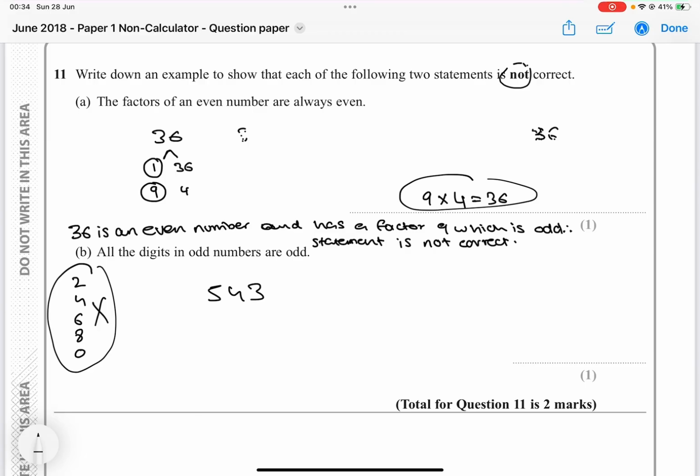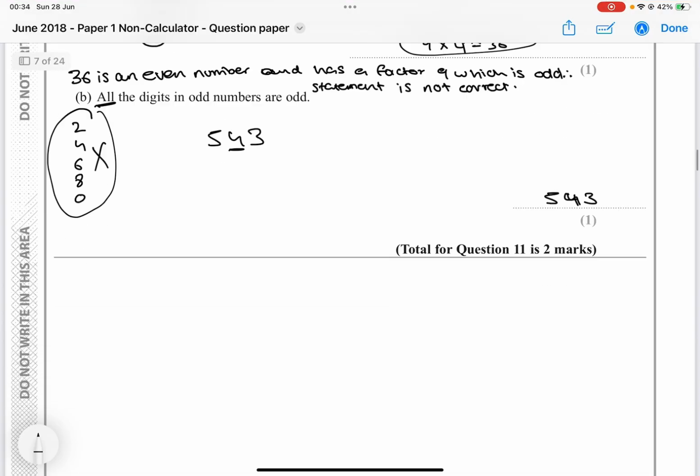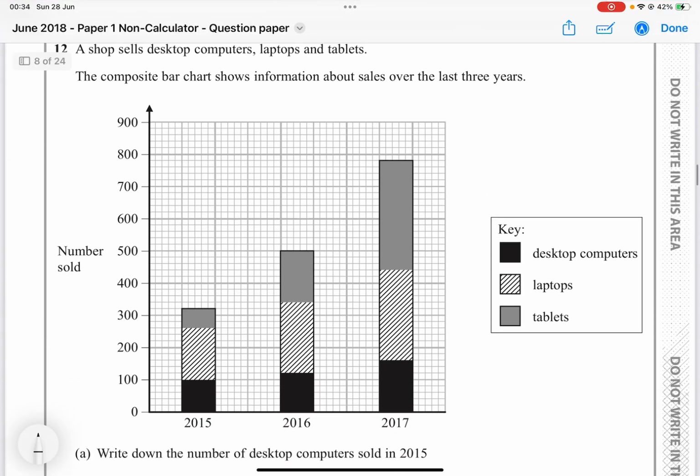This is an odd number because it cannot be divided by 2. But one of the digits is an even number. So that means that clearly not all of the digits are odd. So we can write that down over here. 543. Again, it says an example is sufficient, or you can write a statement. I'm not going to write a statement, but with 543 we've given an example, so we get the mark there. Perfect.